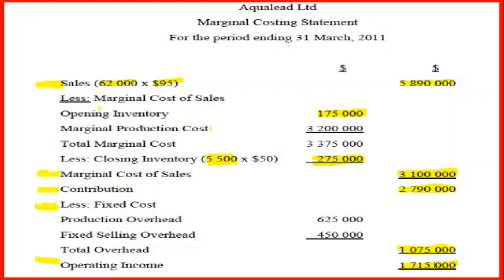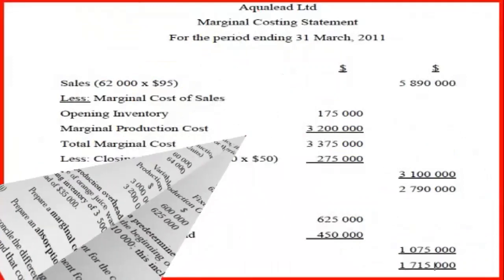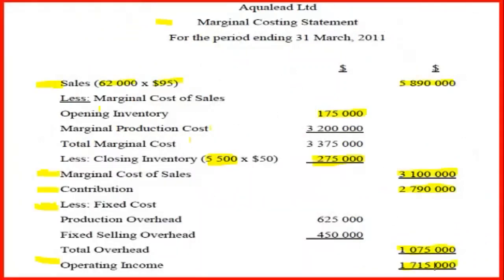Okay, now from this problem, as I said, it is possible to do a budgeted income statement using these figures as well. Okay, so if you're doing that, you'd say it at the top here, budgeted marginal costing statement, right?